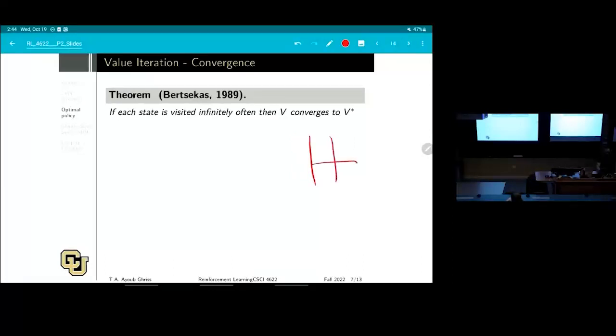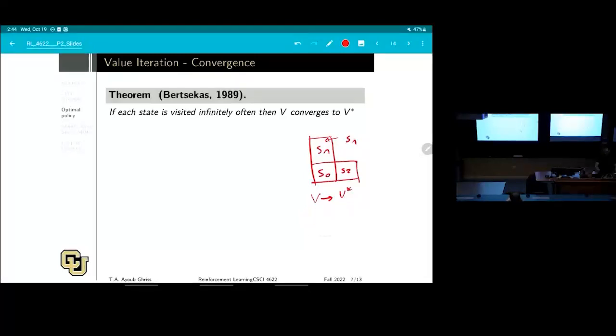We have 3 cells. I'm at state S0, this is S1, this is S2. Now let's say that the optimum one is S1, okay? So for V, I need more time to converge to the real value function, okay? But for the greedy policy, I don't need this convergence.